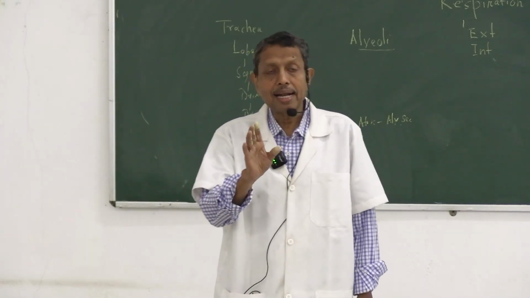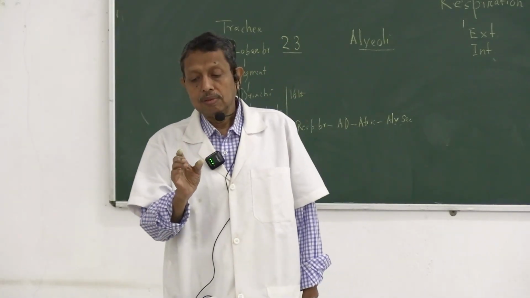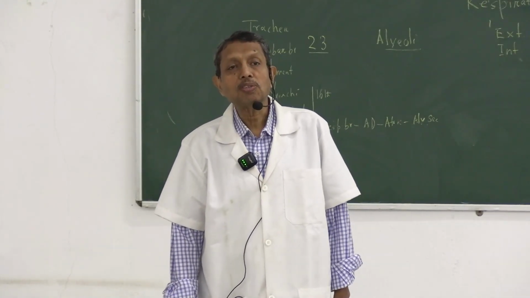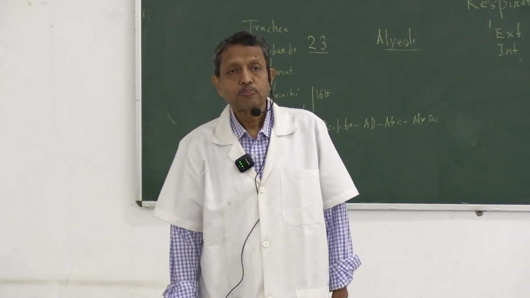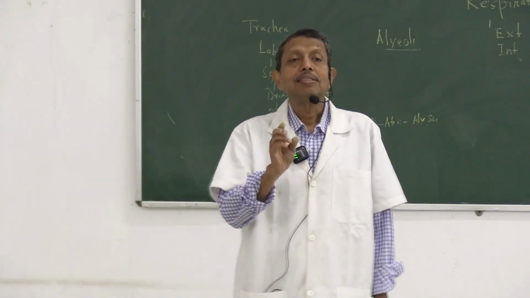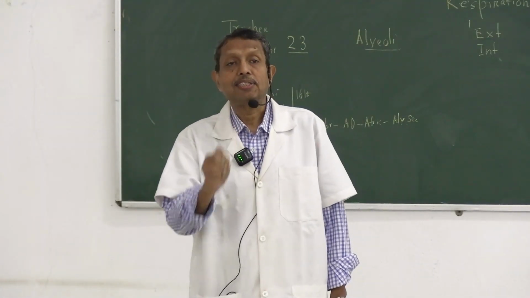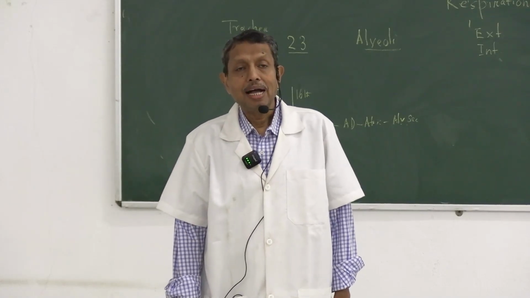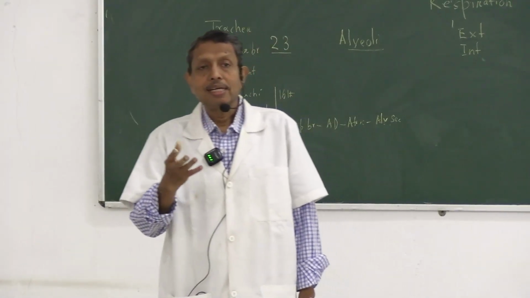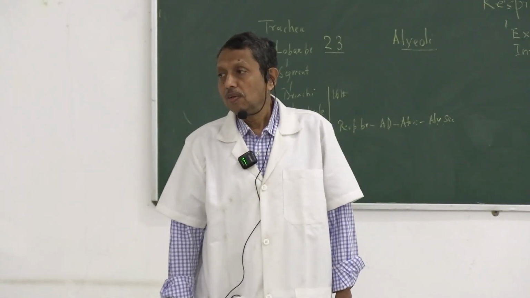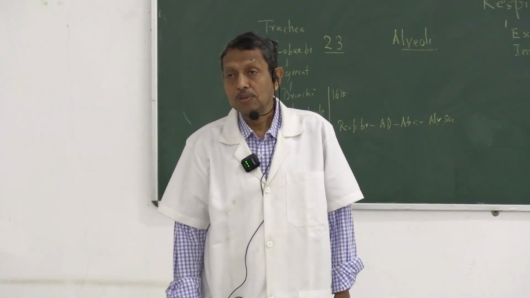In the bronchi, there are some cartilages, but in the bronchioles, they are not present. At the level of the bronchi, there are some glands, serous gland, mucus gland, and other types of goblet cells that are secretory.